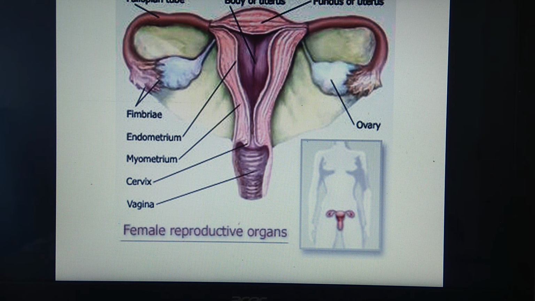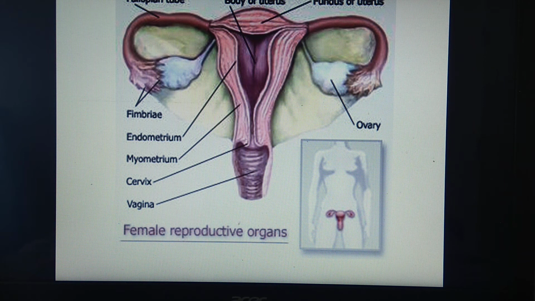Then what is the wall of this vagina made of? We will see the wall of the vagina. It has an inner mucosal lining towards the inner side. The wall is made up of smooth muscle fibers, and the outer layer is called the adventitia layer.